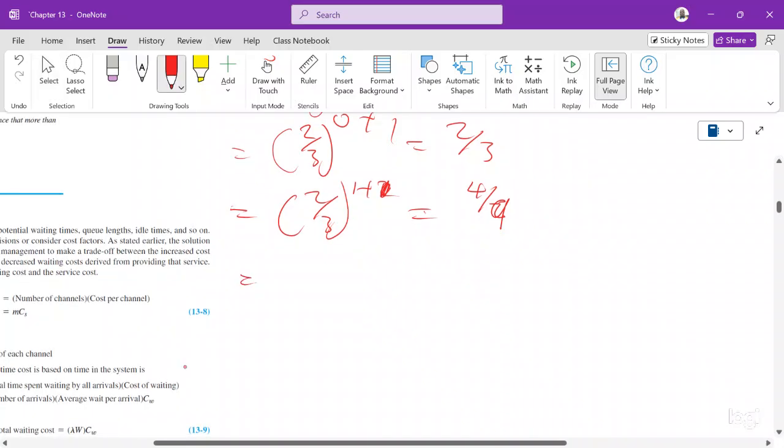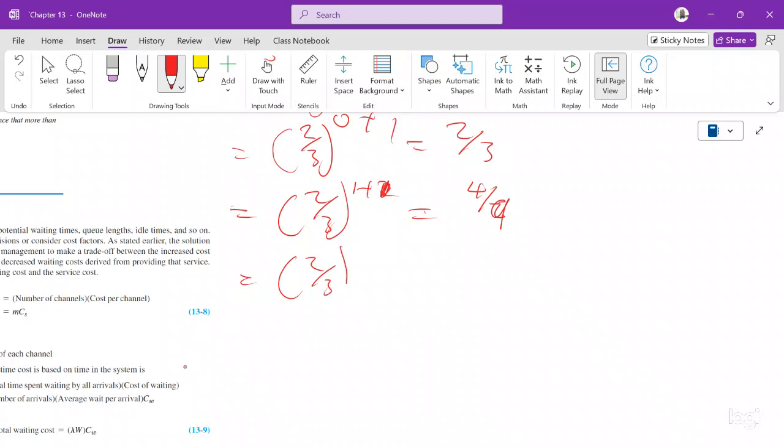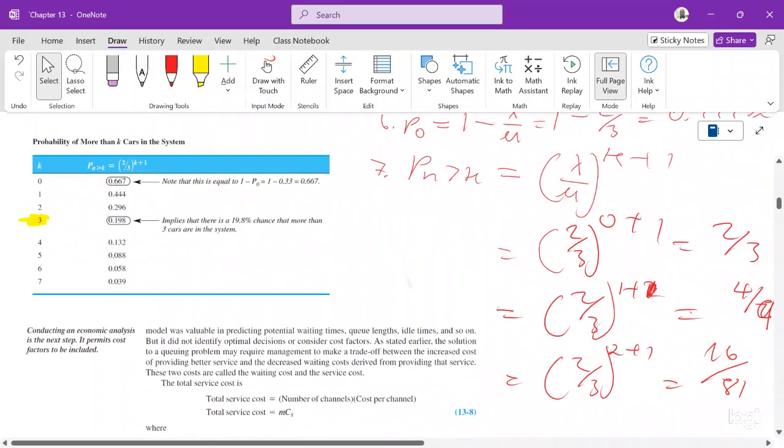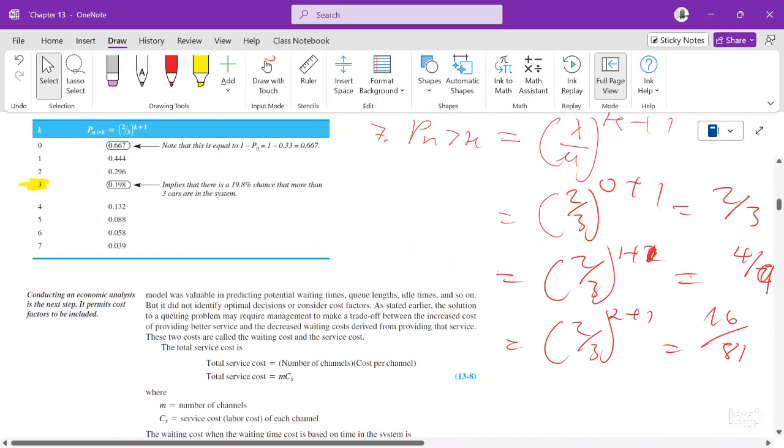You carry on again, 2 over 3, 2 plus 1 equals 3, giving 16 over 81, which I would rather convert so that I can see it, 0.1975. I want to see where they stopped. Yes, they stopped here.